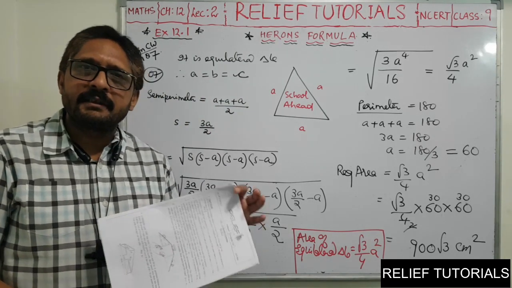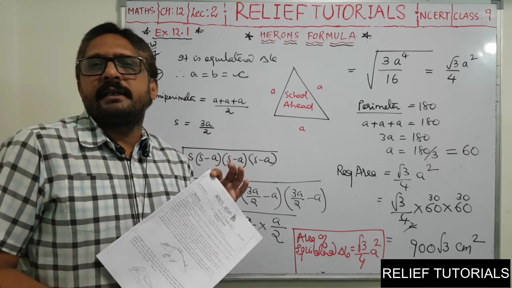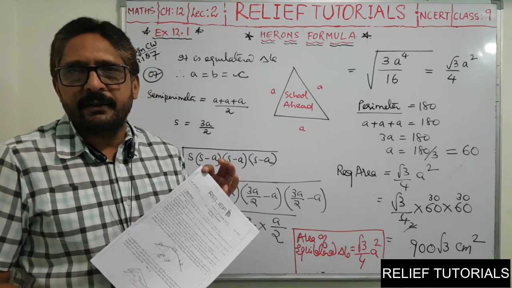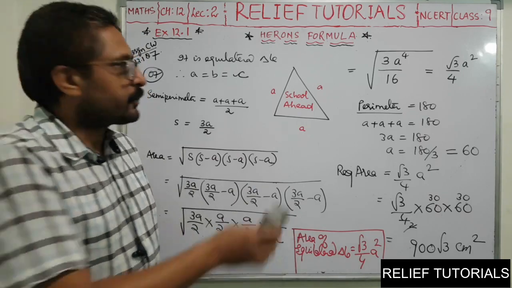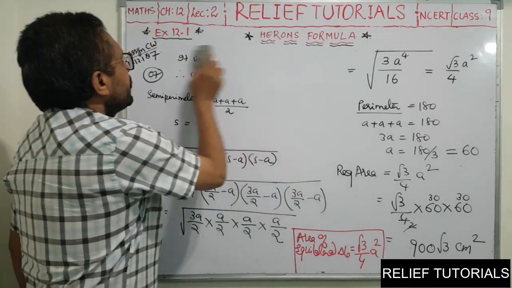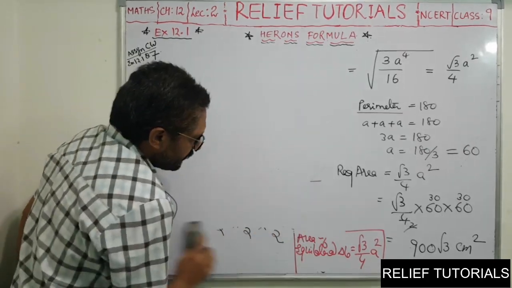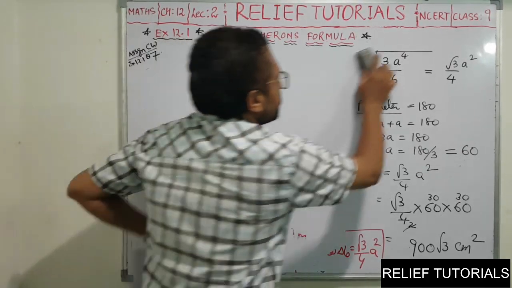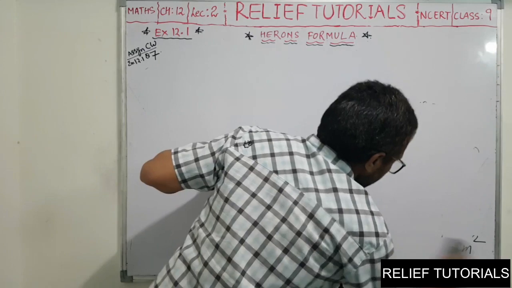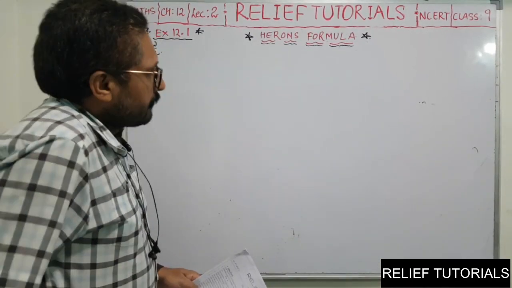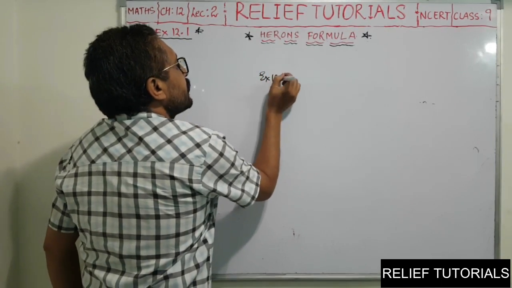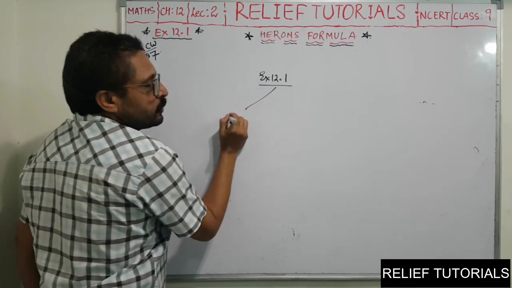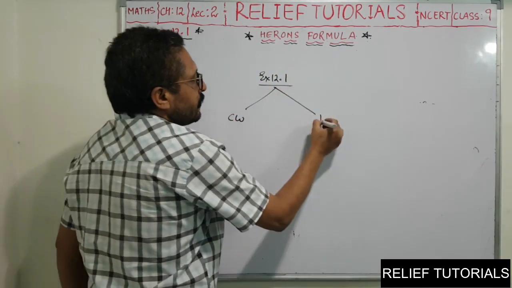See friends, I have given this assignment. I have covered each and every problem of R.D. Sharma. Here we have two exercises, exercise 12.1 and exercise 12.2. See, I will explain. Exercise 12.1: here there are two options, classwork and homework.